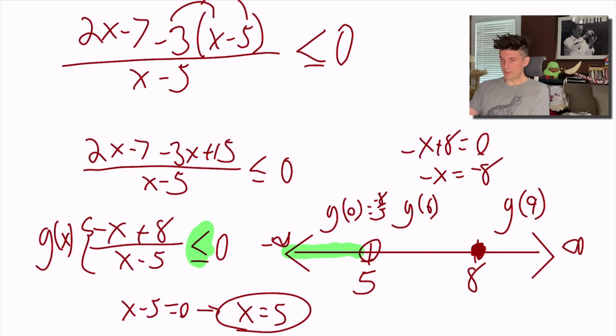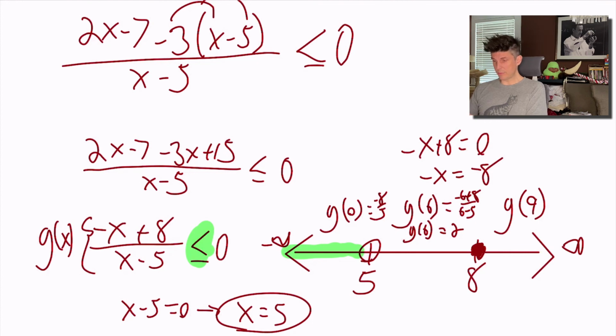When I plug in g of 6, it'd be -6 plus 8 over 6 minus 5. So g of 6 equals 2, just +2. Great, because 2 over 1 is positive. We're not looking for positive.